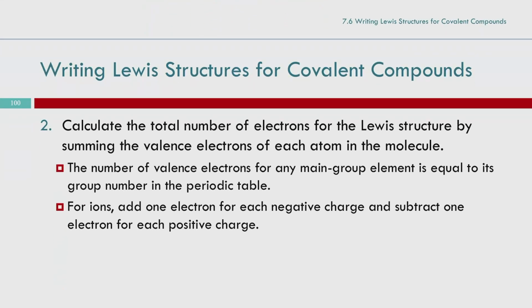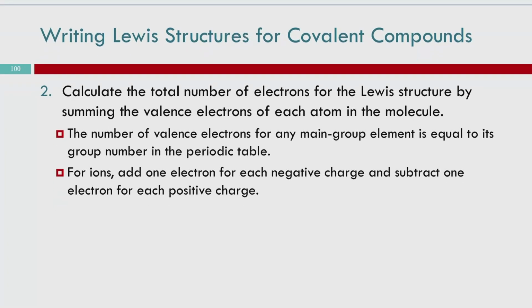The second step that we're going to have is we calculate the total number of electrons. So this is another part of the game. So we figured out where all of our atoms are going. We need to figure out how many pieces do we have to put on the board to connect them all.